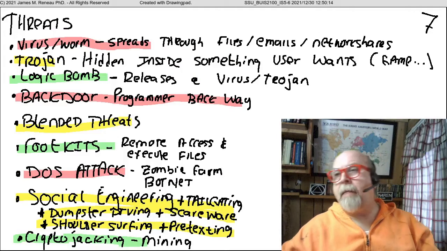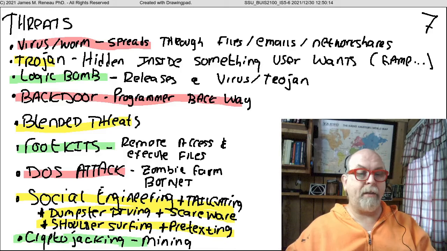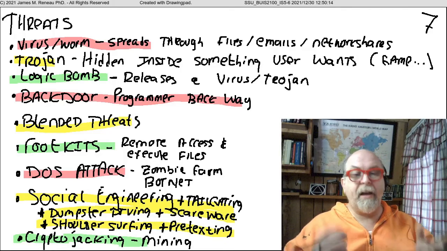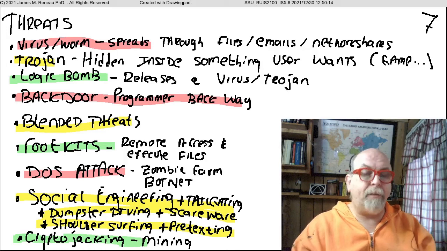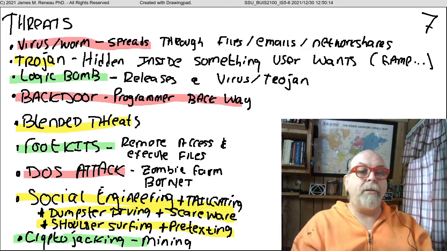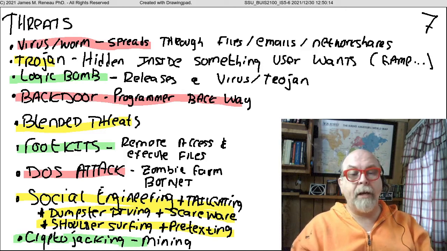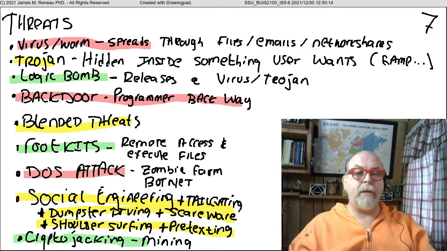So let's talk about some specific threats that you're going to see and that you're going to be fighting against on a regular basis. The first, and it's very common, is the virus or the worm. And a virus spreads through files, emails, network shares, and other ways of transmission.